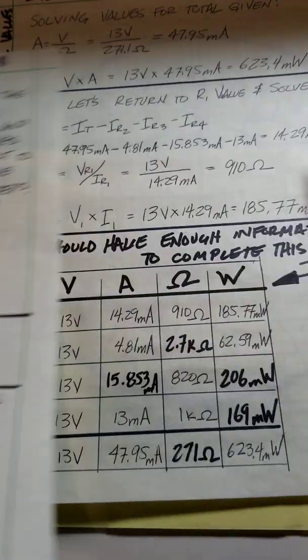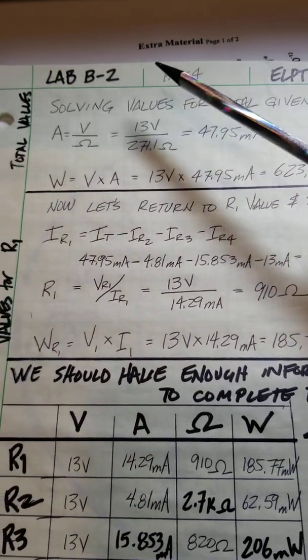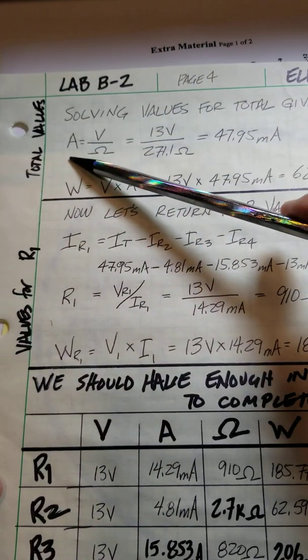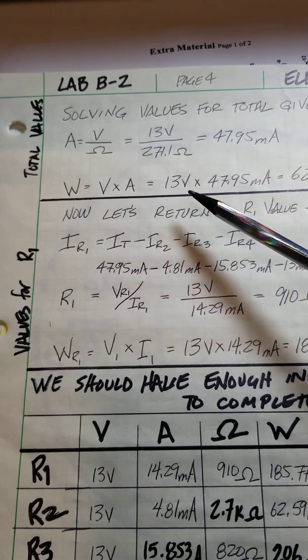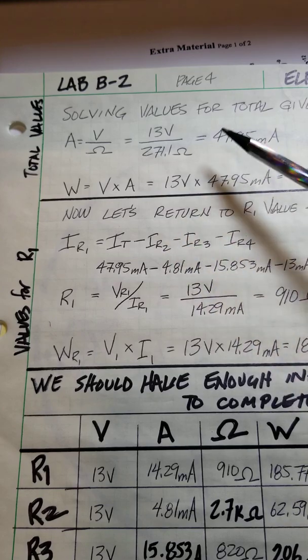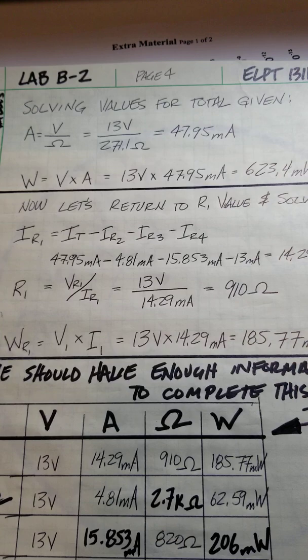Now I need to solve for the total values. I need to find out what the total current and the total voltage will be, as we work our way back to finishing all the information we need to fill out for page 42.